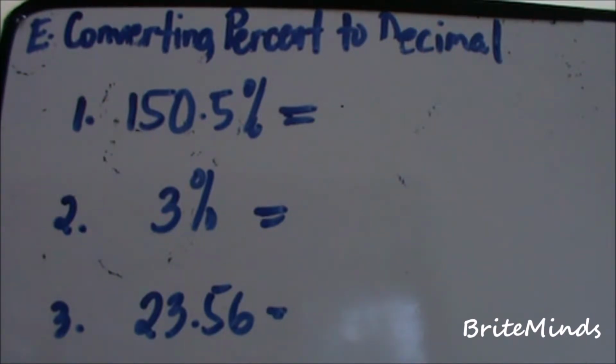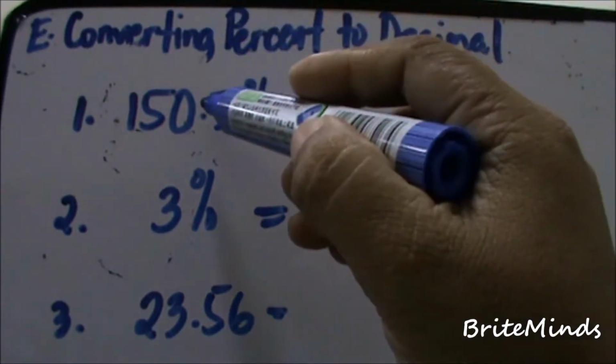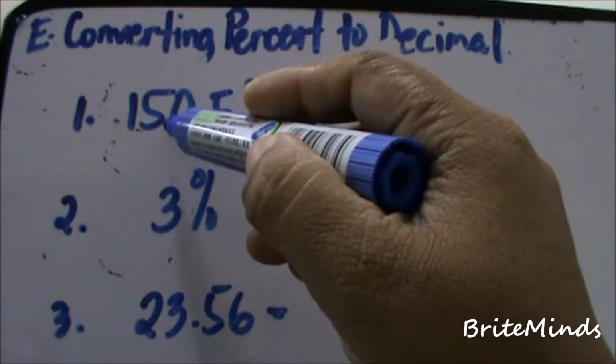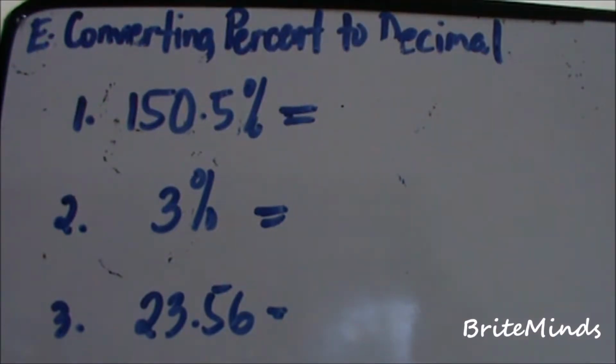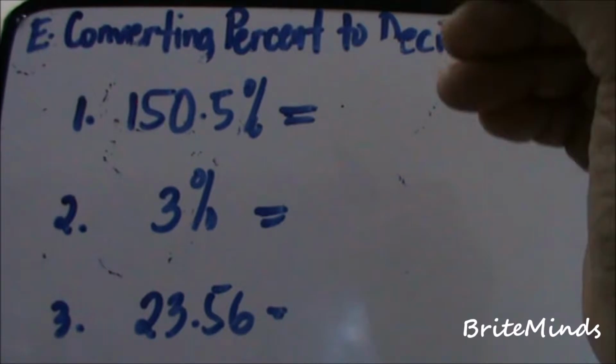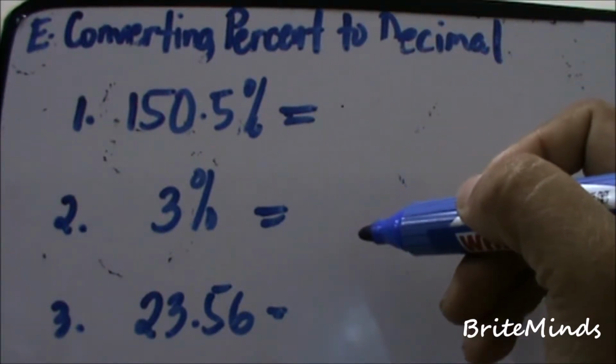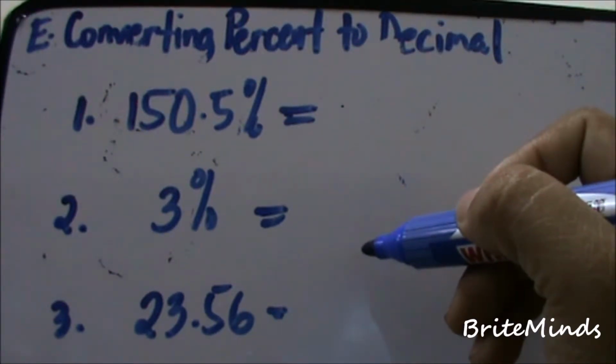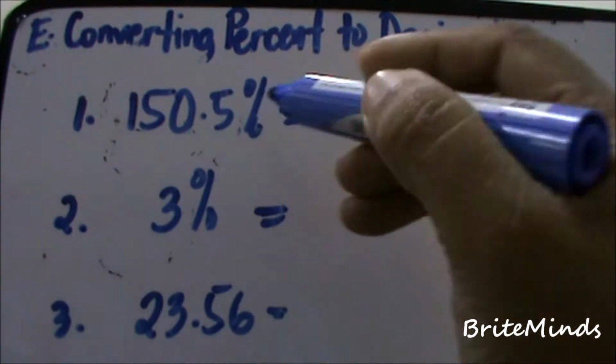To convert percent to decimal, move the decimal point 2 places to the left. Okay, so 1 and 2, and then remove the percent sign. Okay, so our example here, number 1, we have 150.5%.